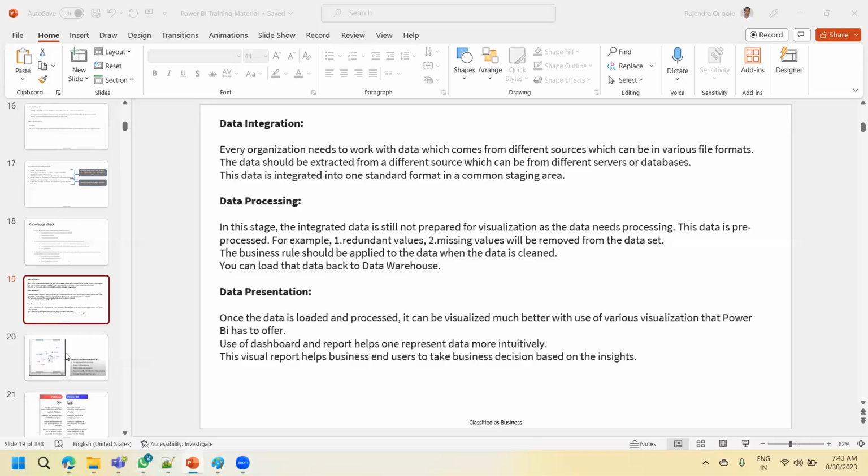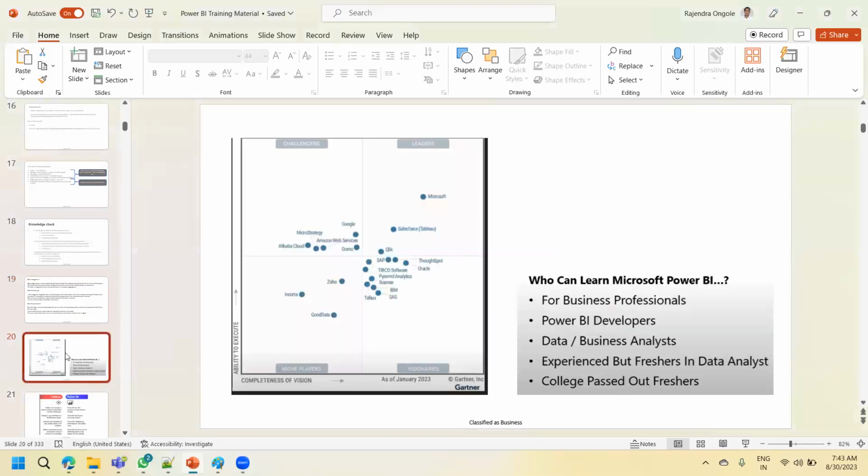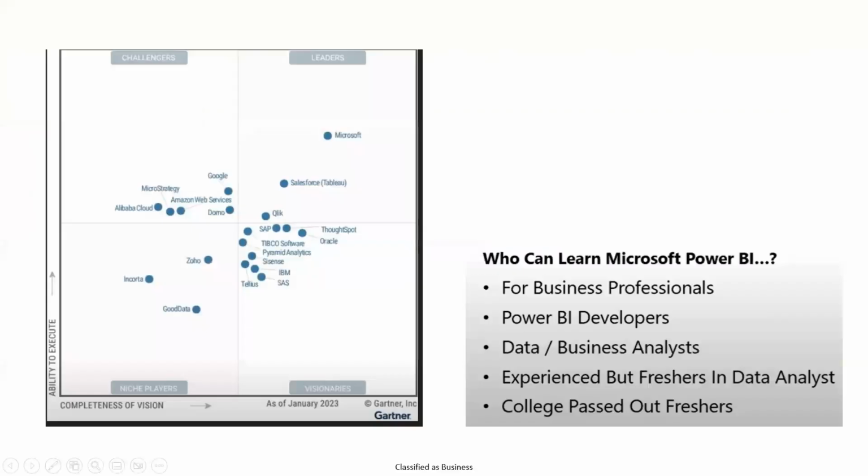Yesterday I discussed Gartner's Magic Quadrant. Maybe this will help you as a general observation: who the leaders are and what different tools are available in the market. This was released in January 2023. As I said, Gartner is a market, or business, analysis firm.